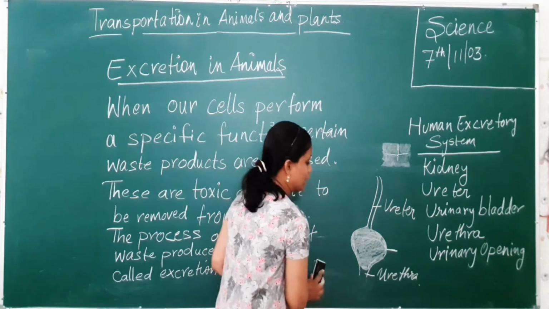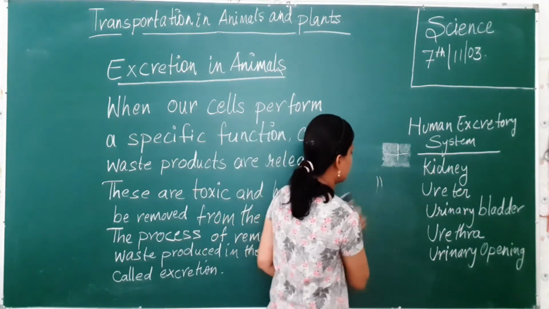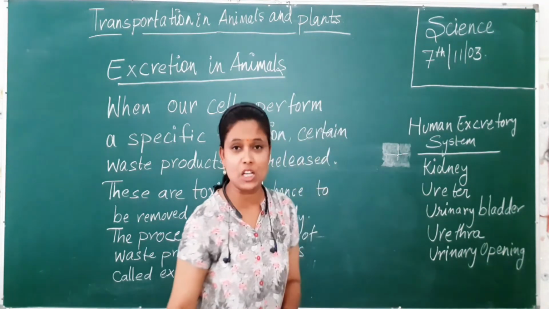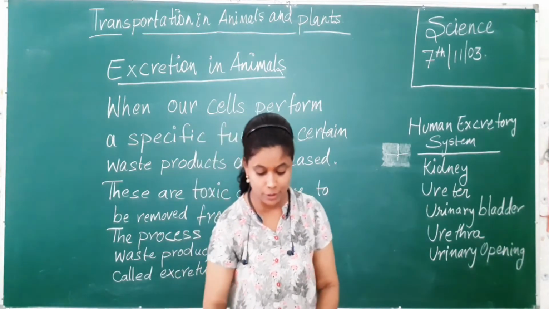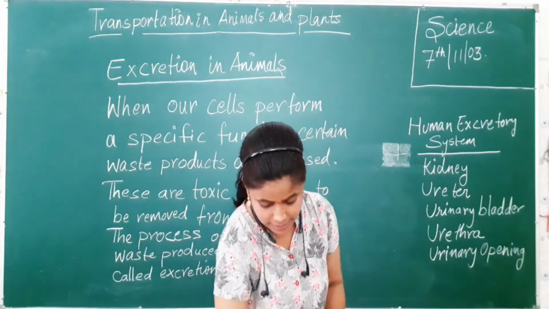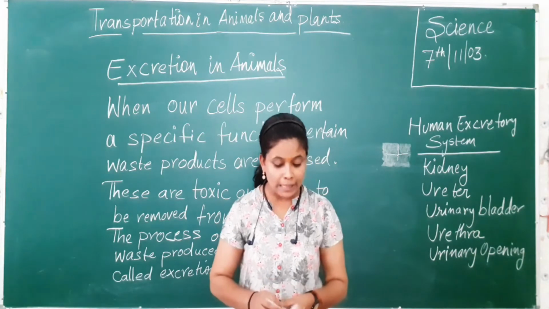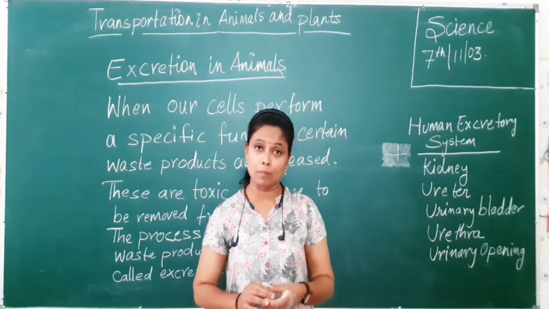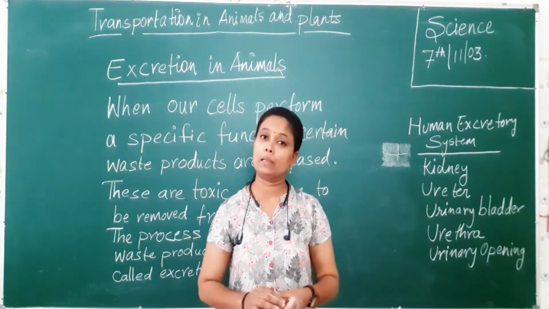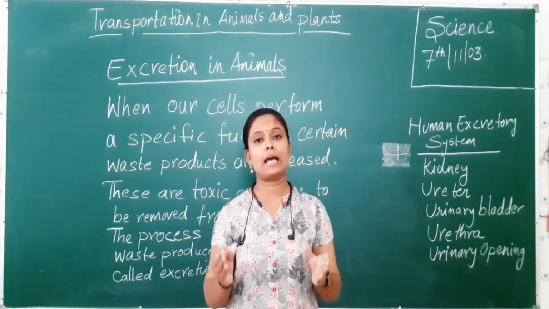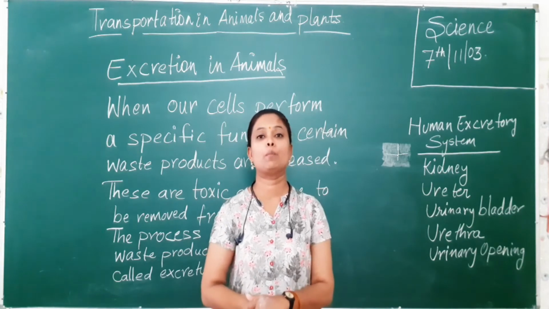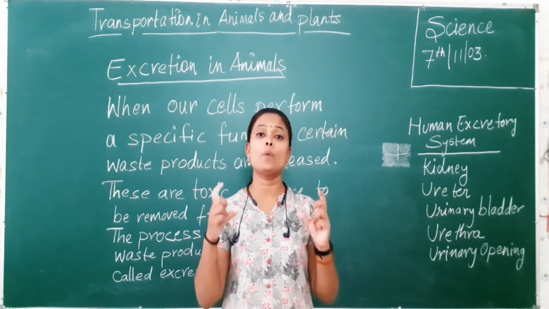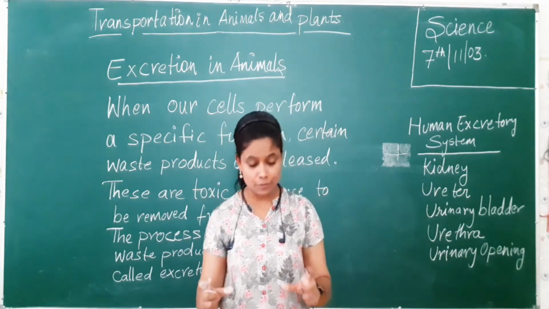I told you that we have to move line by line as in our book. Let's see what is given over there. In the same way, a mechanism to filter the blood is required by the body, and that mechanism is built inside the body in the form of kidneys. Fine.